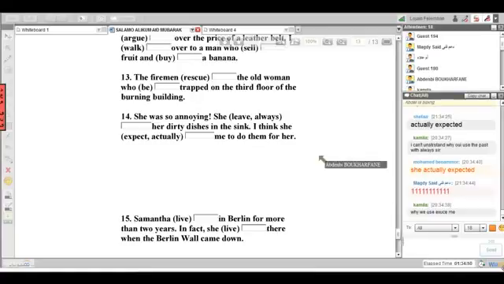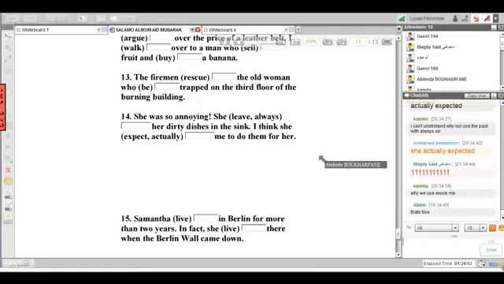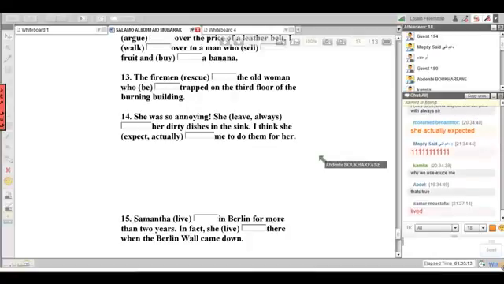Answer just for the first one. Samantha lived in Berlin for more than 2 years. On the second one, she was living when the Berlin Wall came down.